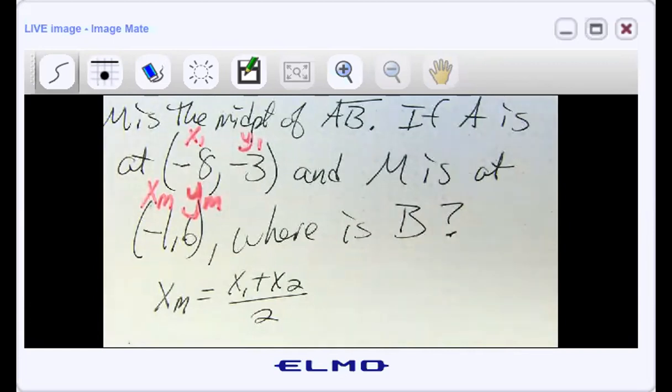Does anybody have an answer for X yet? Where must X2 be? What's its number? Does anybody have it yet?